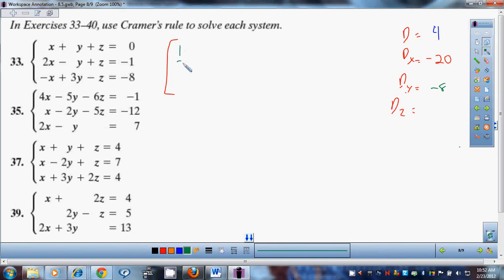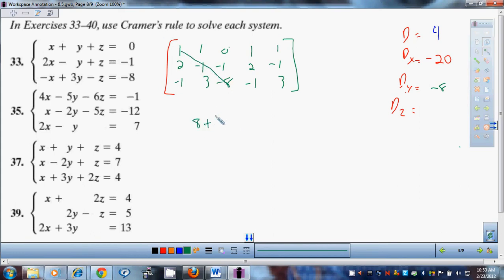All right, so 1, 2, negative 1, 1, negative 1, 3, 0, negative 1, negative 8, 1, 2, negative 1, 1, negative 1, 3. Yes, you could have. So, diagonals.